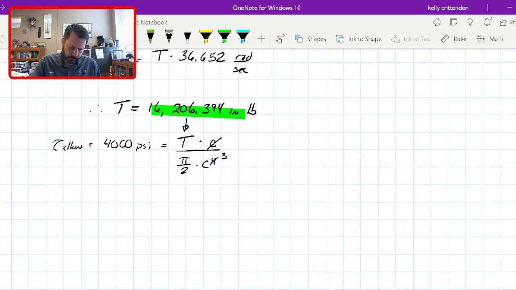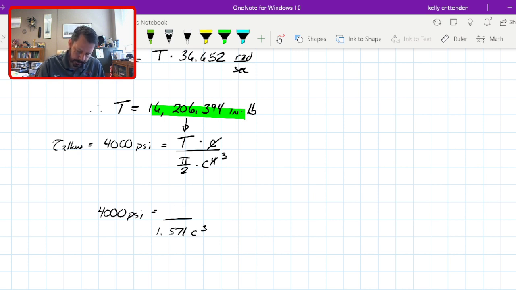So let's do some rearranging here. I've got 4,000 psi equals T over pi over 2, 1.571 C cubed. And T, we actually have a value for, 16,206.394 inch-pounds.